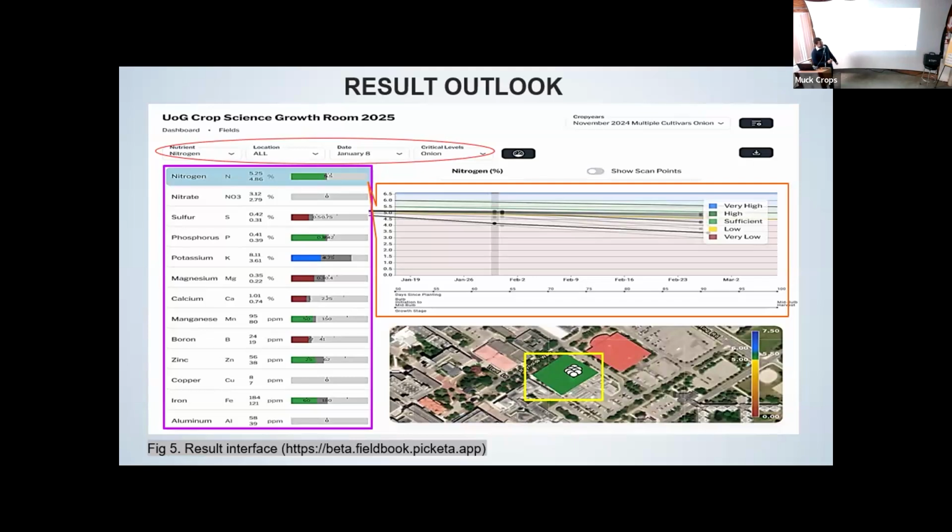Once you select your navigation parameters, you have all the nutrients displayed for that period. And here is a graphical representation of each nutrient for each location or spot that you scan. These color hues help you to interpret the levels of the nutrient. Blue means that it's very high and red means that it's low.